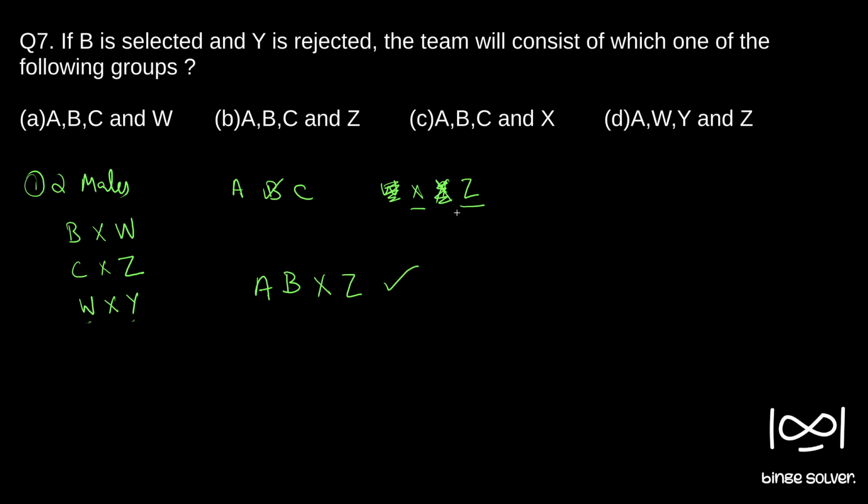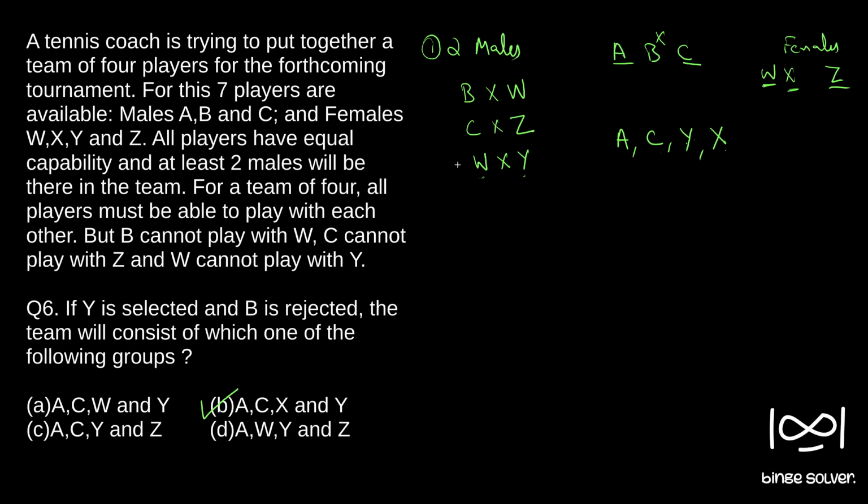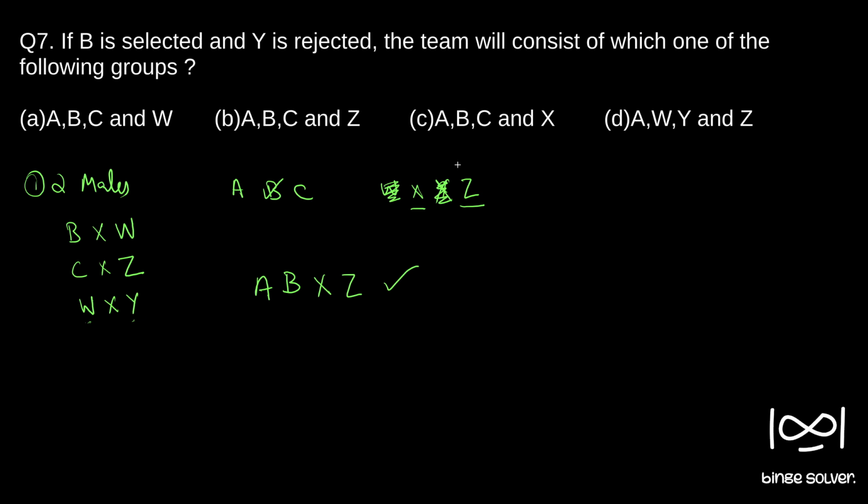The other combination: if you go back to the question, it is said at least two males will be there in the team. So another combination is choosing all three males. Let's see whether that is possible.